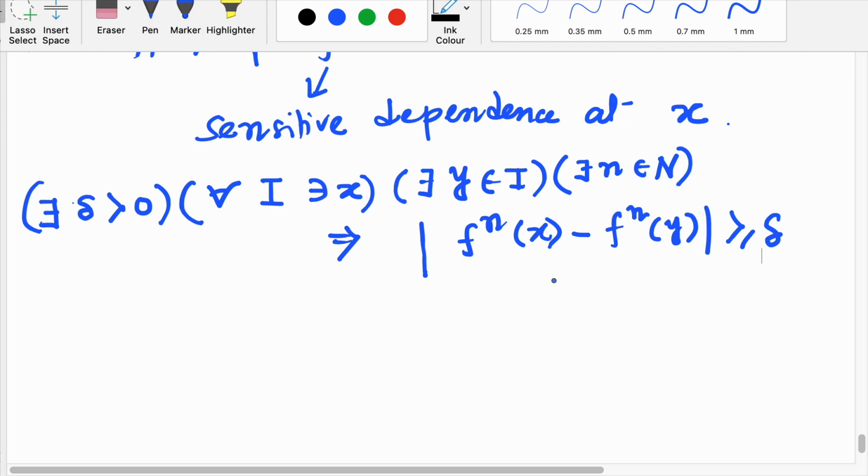Now we have also seen what it means that a function does not have sensitive dependence. In terms of stability, that is called Lyapunov stability.